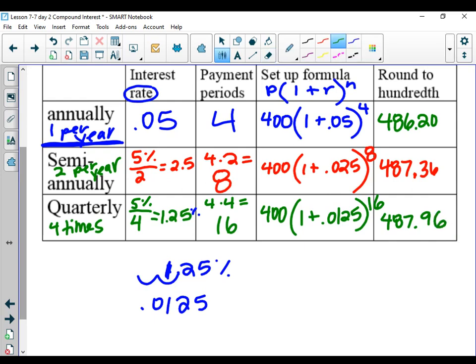So if I was at Maddie's bank, I would get 60 cents more than Isabel's bank. And instead of Layton's bank, I would get $1.76 more.